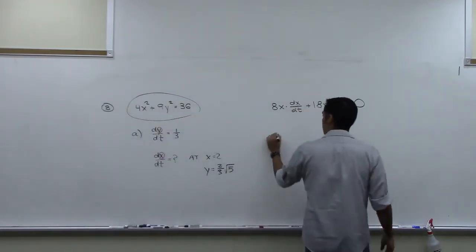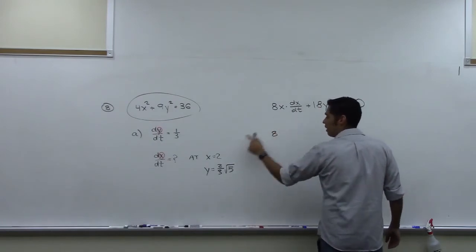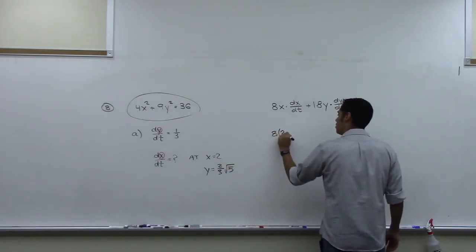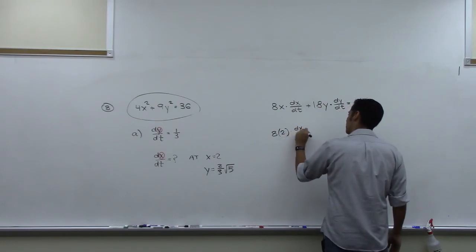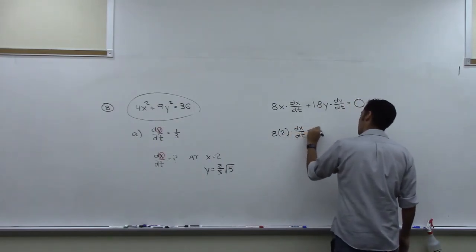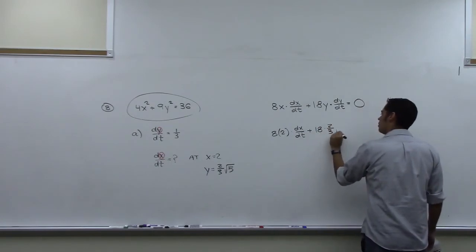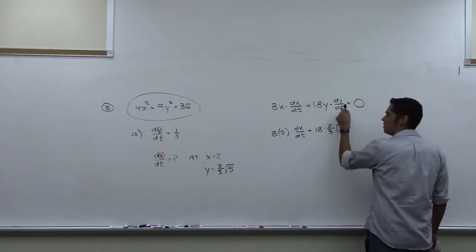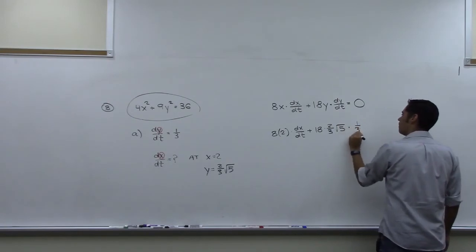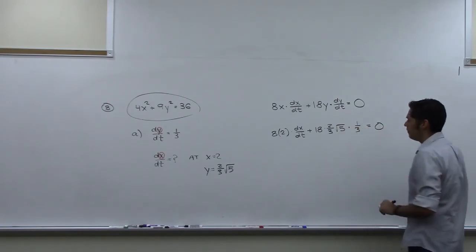So I'm just going to rewrite it. 8, now x is what? 2, so 8 times 2 times dx/dt, plus 18 times y, that's a weird one, 2/3 root 5, times dy/dt, which was 1/3. That must equal 0.